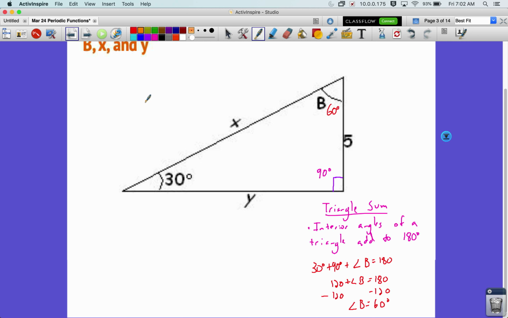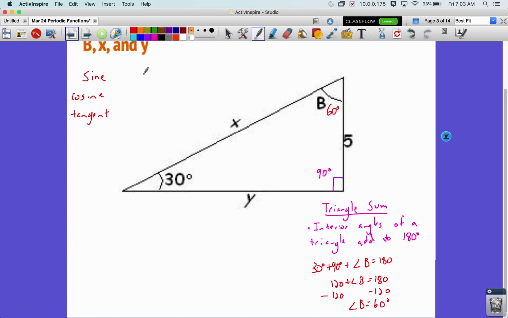All right. Now we got to find one of these lengths, x and y. And that's going to require that we use a trigonometric function. So let's remind ourselves of what all of the trigonometric functions are. We have sine, cosine, and tangent. All right, and these functions take in an angle and then give you a ratio of side lengths in a right triangle.